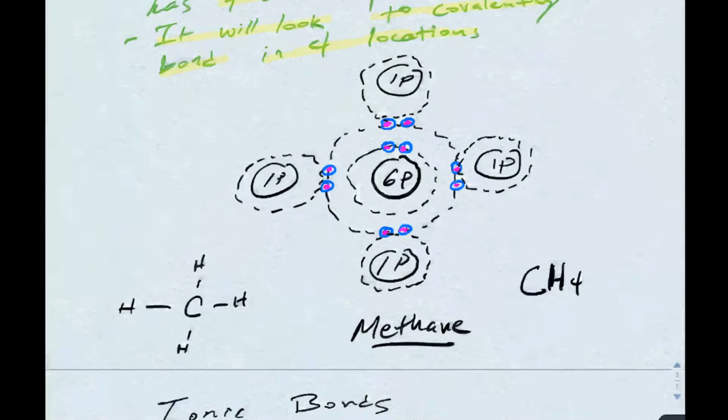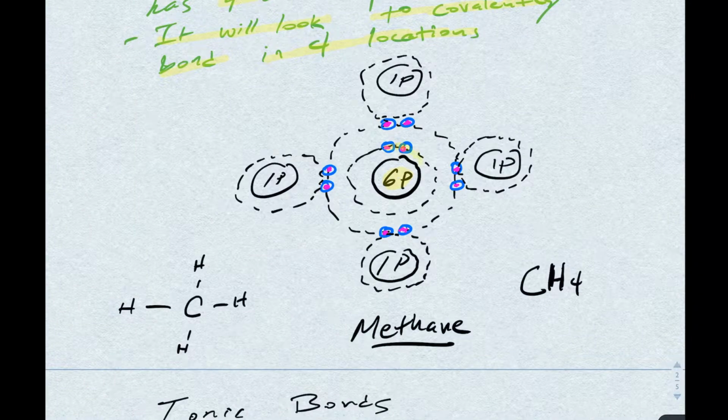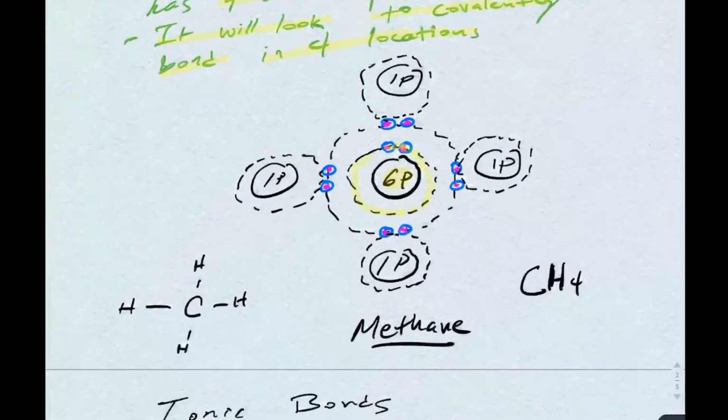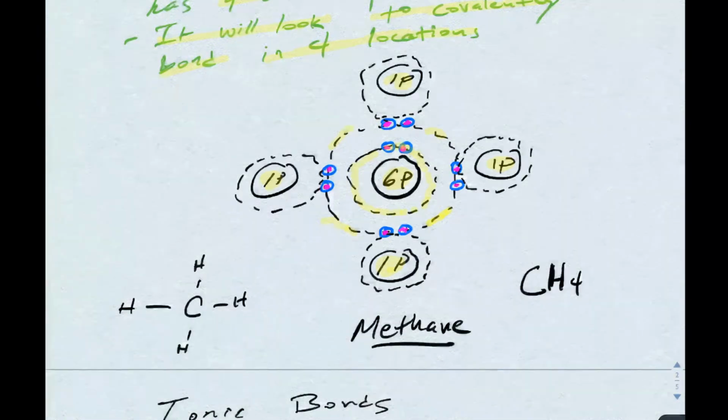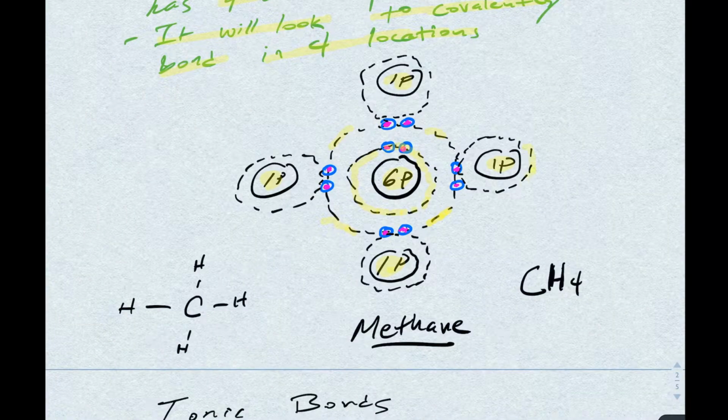Here we have a carbon atom with 6 protons. We have the first orbital with 2 electrons in it, and the second orbital, which, if carbon were by itself, it would have 4 electrons. But now notice that it has covalently bonded 4 times to 4 hydrogens. So notice there's 1 proton in each of these nuclei, which means we're talking about hydrogen, and each hydrogen has 1 orbital.